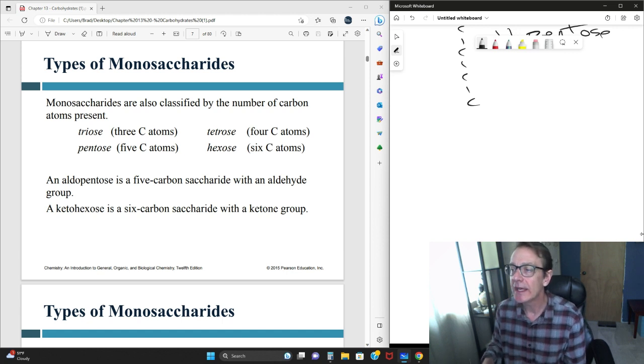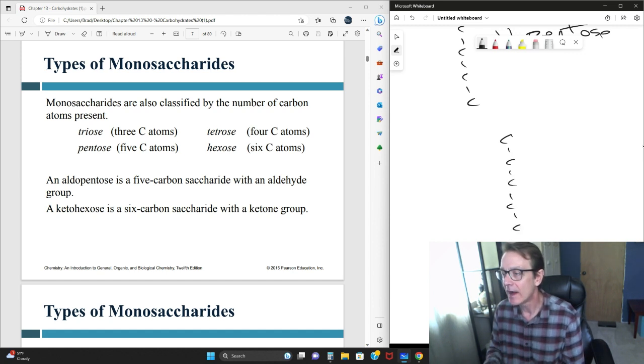Okay, so a ketohexose, okay, hex, 1, 2, 3, 4, 5, and 6 with a ketone somewhere. I'll just put it right there. There's a ketone. So that is a ketohexose.